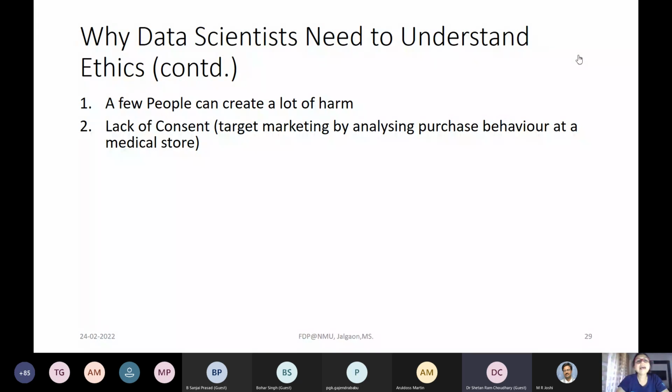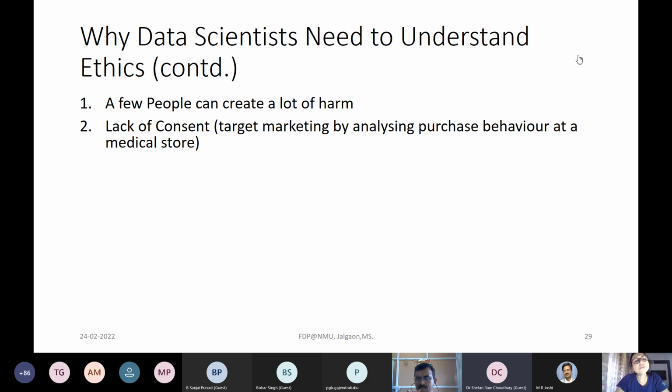Now, what happened during this target marketing by data science was that one particular family, the father of the family, received coupons. Coupons from whom? From a company for a newly-made mother who has just given birth to a newborn baby and will require various items like baby food, diapers and clothes.